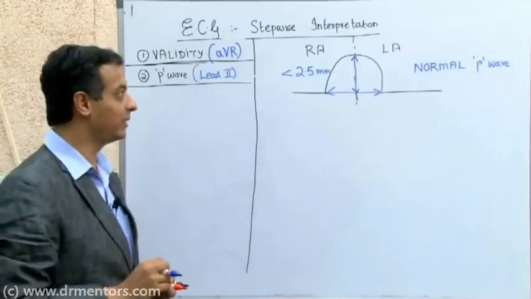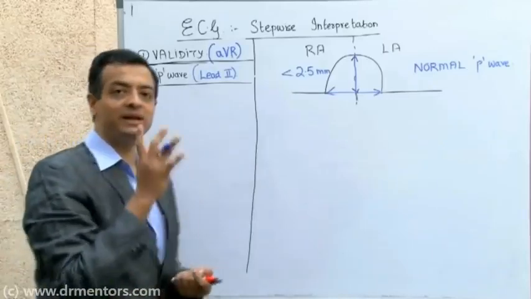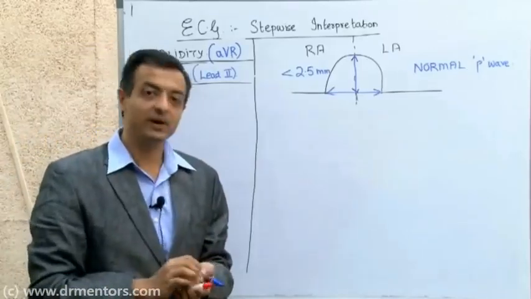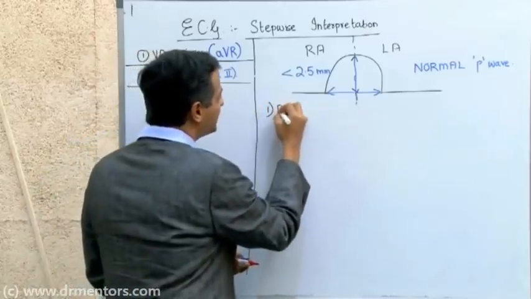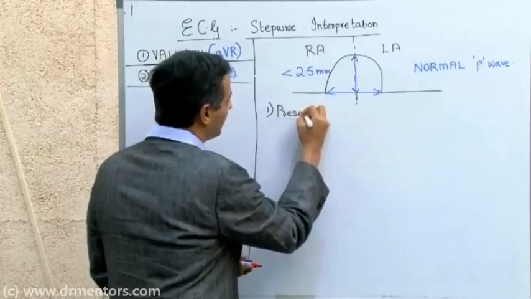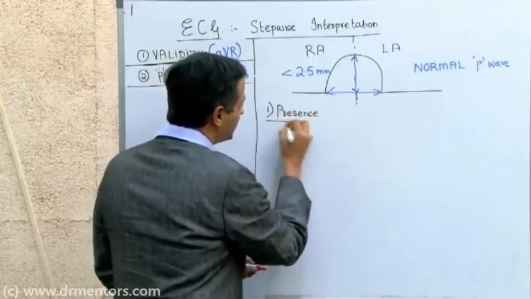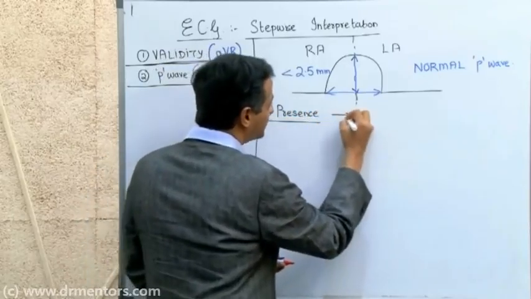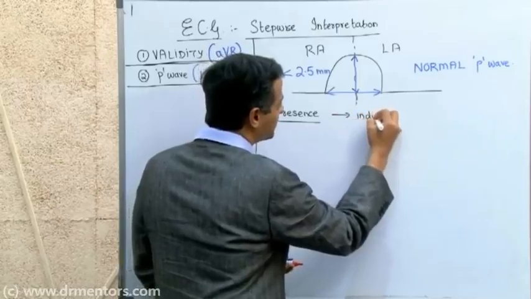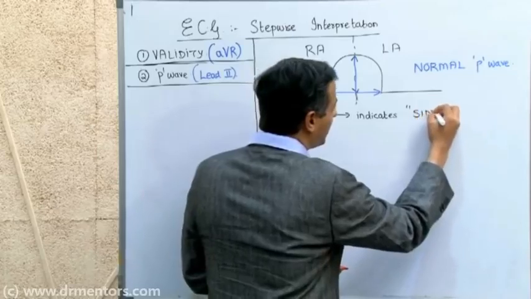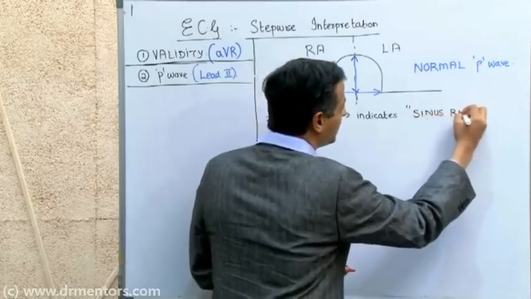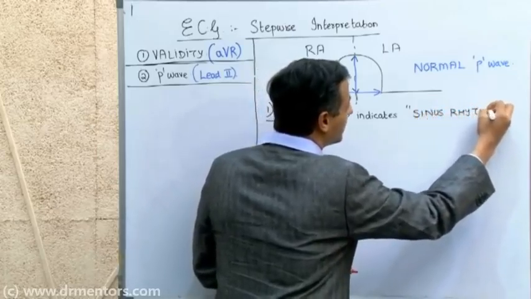Normal P wave. What are the abnormalities? First of all, point number 1 is the presence of P wave itself. The presence of P wave indicates sinus rhythm. End of story. You can directly confirm.